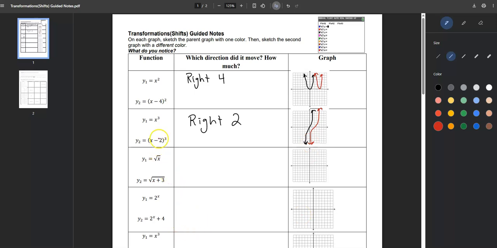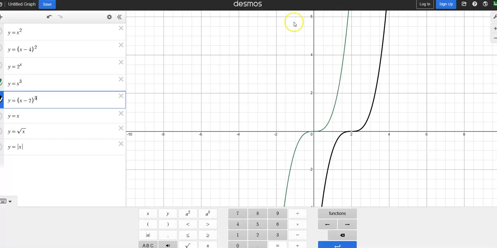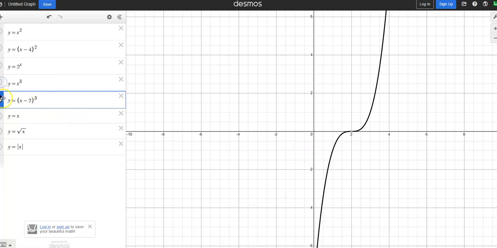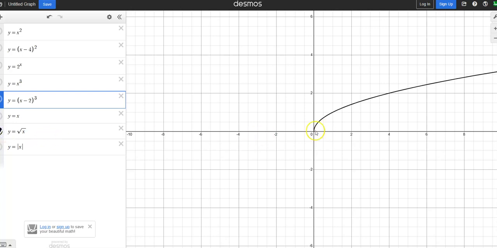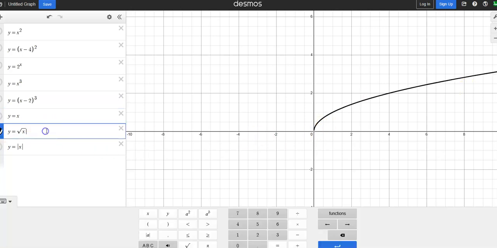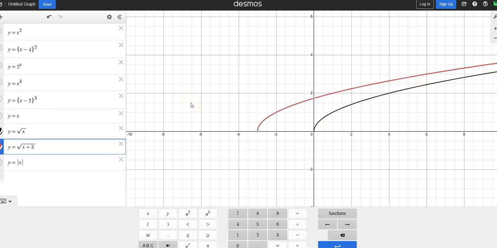This one's minus 2 on the inside. Let's take a look at this absolute value now. So we're going to go absolute value of x plus 3. Again, we'll hide those for right now. If you remember, this is the one we're looking at. It's this black one that goes one direction like this. We're going to go the absolute value of x plus 3 here.